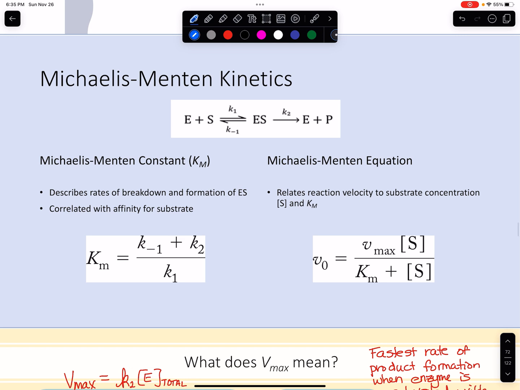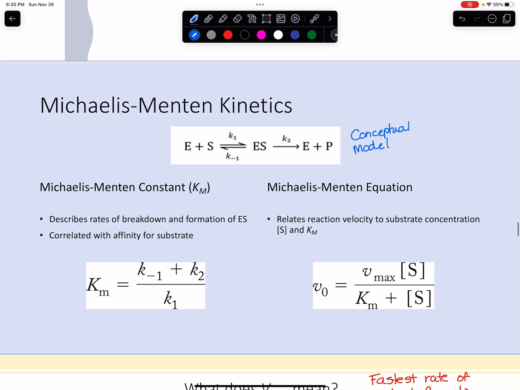Okay, so let's summarize. This is our conceptual model, right? And this is our definition of Km. It relates to those rate constants that control the creation of the enzyme substrate complex. And again, this is correlated with affinity for substrate. Km, affinity for substrate.